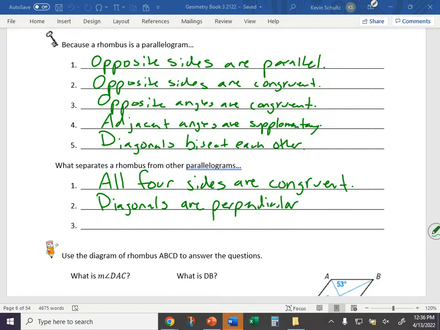In a rhombus, the diagonals are perpendicular, meaning that, let's try and draw a rhombus here. When the diagonals intersect, they do so at a 90-degree angle, which means what type of triangles do we have on the interior of a rhombus?